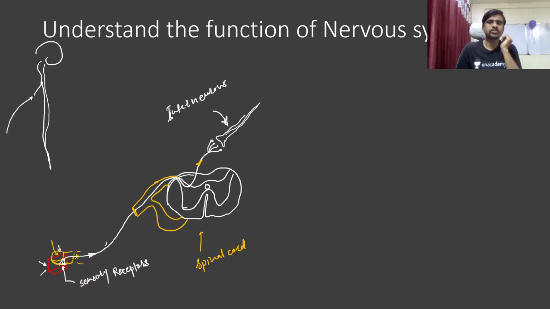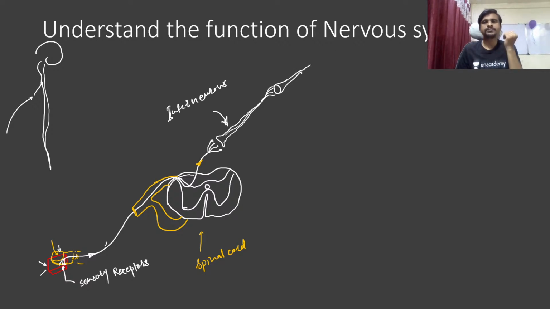These are the interneurons, and they are moving toward the brain. They also have their own branch to the next neuron. So here is your next neuron, which is moving toward the brain.